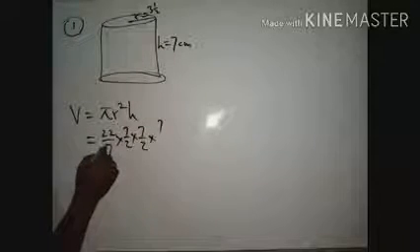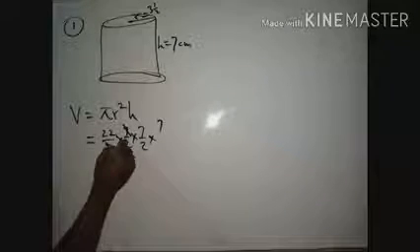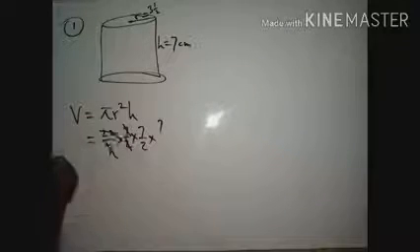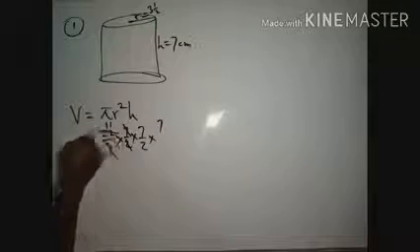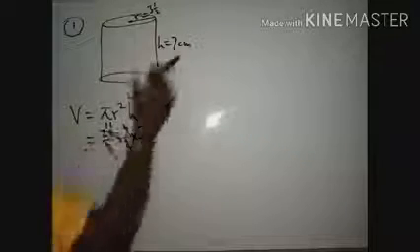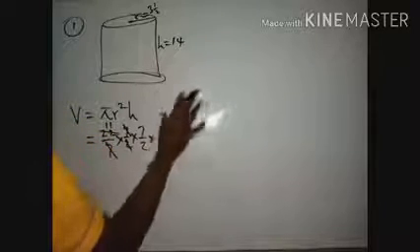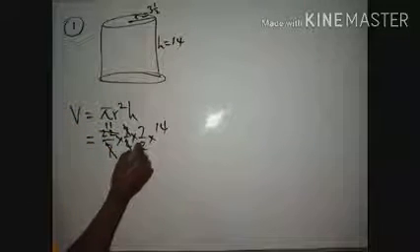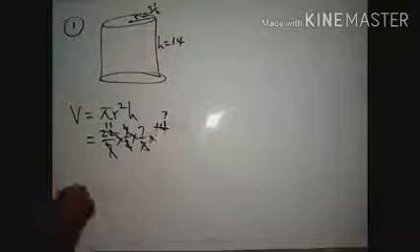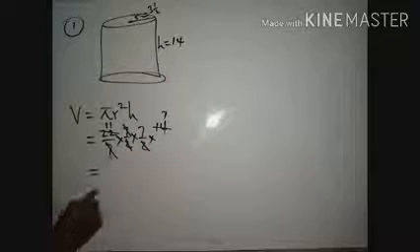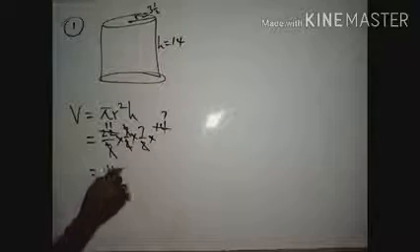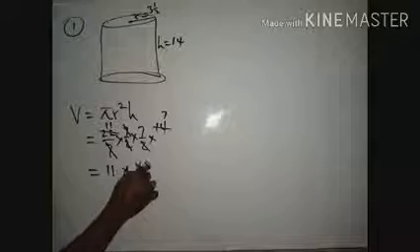So if I do this, this 7 will cancel this 7. This will cancel this to give me 11. All right, let me make this one 14. So that means this place will be 14. So this will cancel this to give me 7, so that I will have 11 times 49.